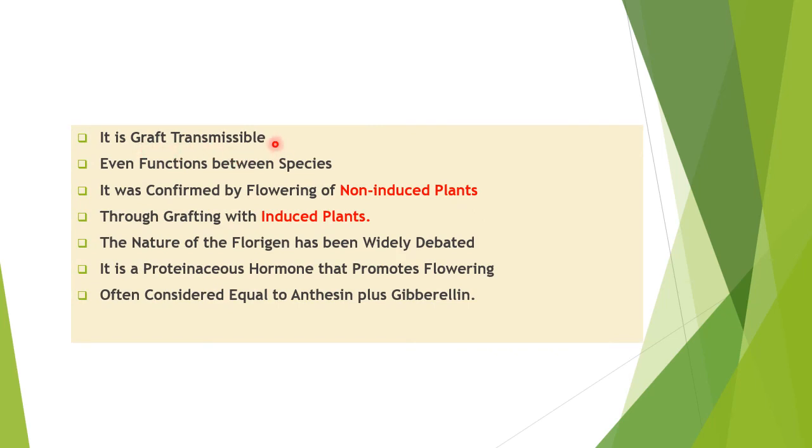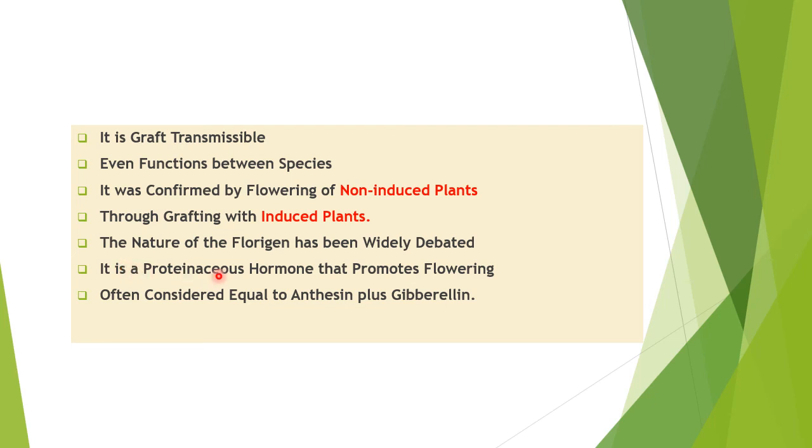It was suggested at that time that it is graft transmissible because a number of grafting experiments were done, as we have already seen. Even between species, it was seen that it can be transmissible between different species. It was confirmed by flowering of non-induced plants through grafting with induced plants. The nature of florigen has been widely debated.